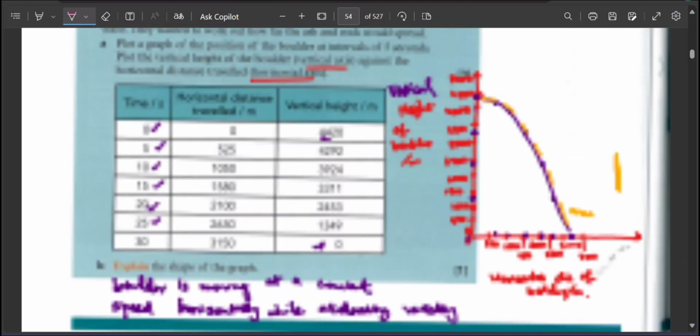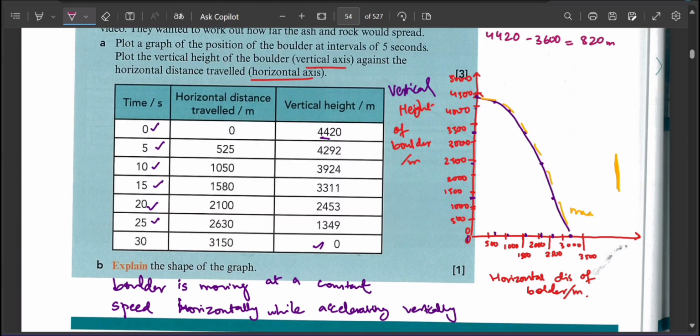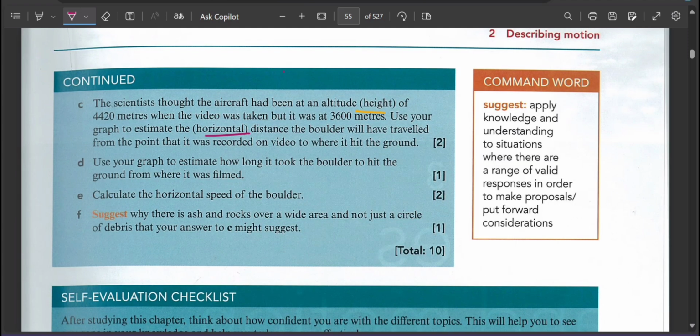So that means we need to subtract 4420 minus 3600, by which we will get the value of 820 meters. So we are going to look at 820 meters over here, and we can see कि ये कहाँ पर lie कर रहा है, somewhere between 2500 and 3000. So we can approximate the answer. If we use the graph we can give a better answer, but as we are approximating, the answer is lying between 2500 to 3000.